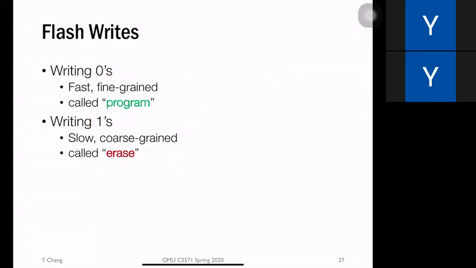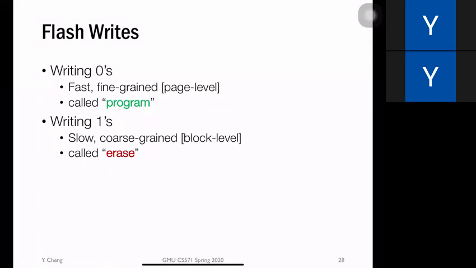Writing zeros is also called program. This fine-grained writing zeros operation is called program. In contrast, writing ones is called erase. Whenever you write ones, you write at coarse granularity; you basically erase all the data in this particular flash block.